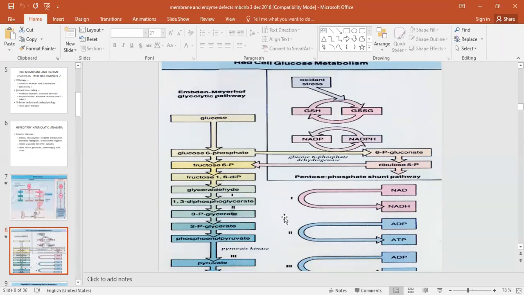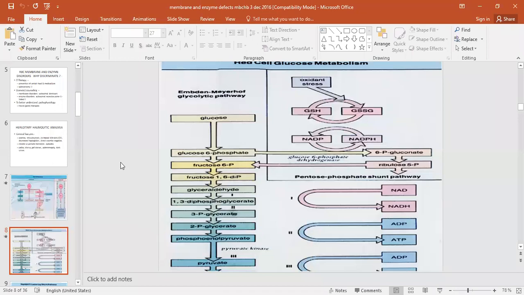And you'll also notice that in the process of these metabolic processes, you end up with ATP generation, especially at the level where pyruvate kinase comes on board, and you end up with some ATP generation. And this can occur at two different phases in the process of glycolysis.